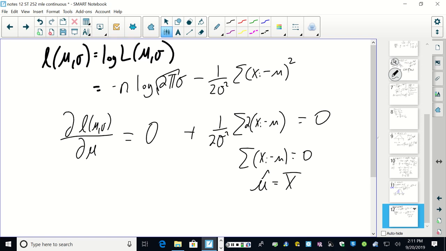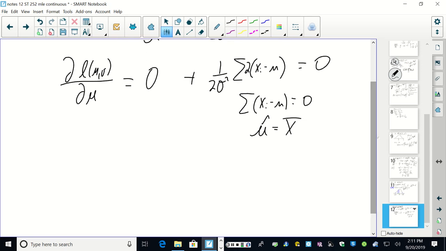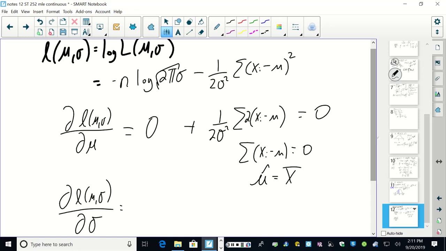And now we take a derivative with respect to sigma. We'll use this as the MLE for mu, and then get that one. So there's the second partial with respect to sigma. Well, if I do my thing of splitting that out into 2 pieces, there's negative n over sigma.